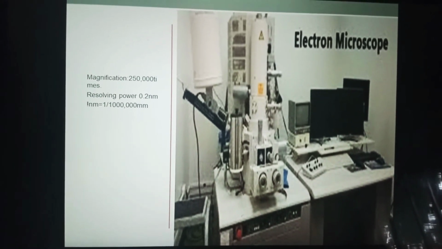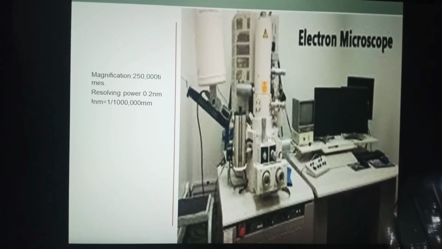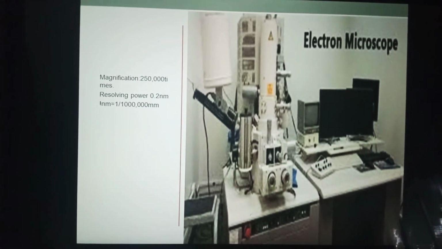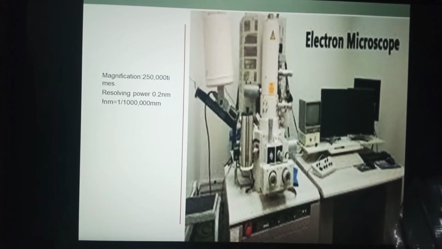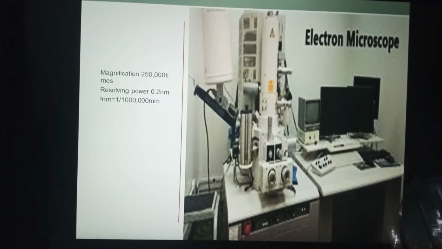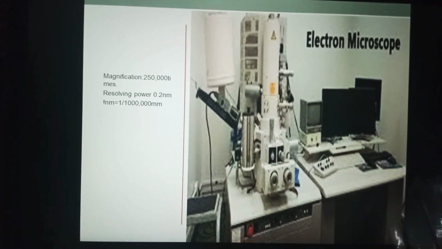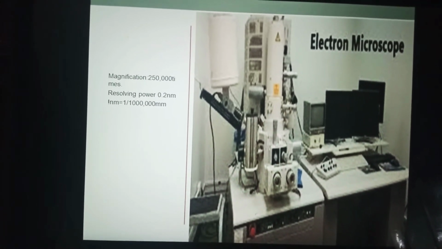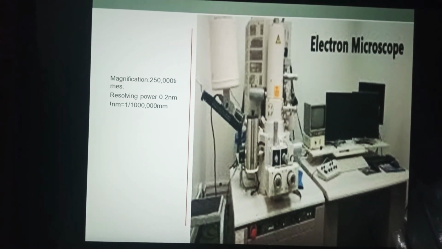The electron microscope has much higher resolving power than the light microscope. The most modern electron microscope can distinguish objects as small as 0.2 nanometer, and it is a 1,000-fold improvement over the light microscope.